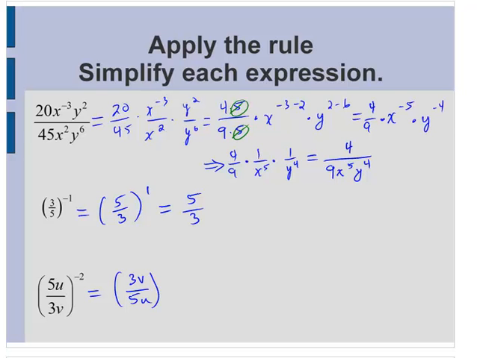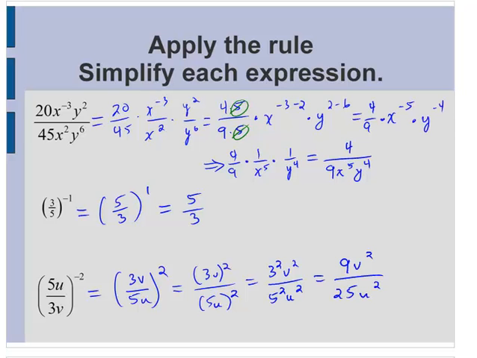So I'd have the reciprocal to the second power. Using several of our rules, quotient to a power, product to a power, and simplifying, I'd have 9v squared over 25u squared.